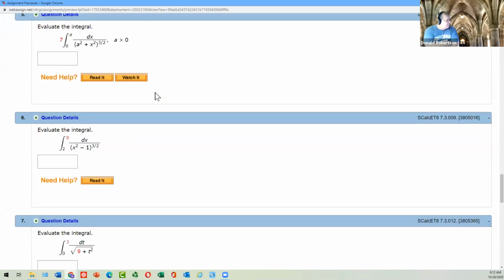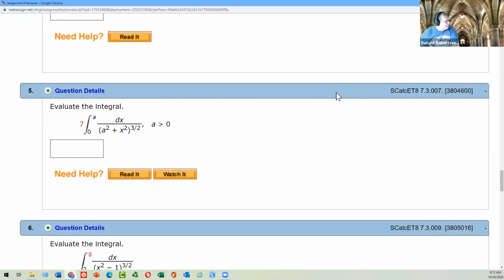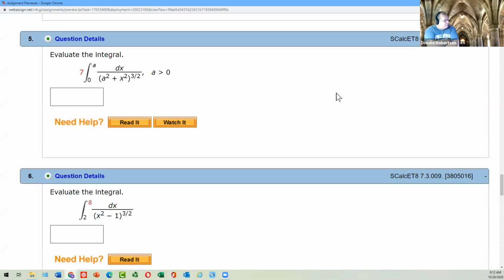Who's the x sub going to be in question 5? Probably should make that a bit bigger. X sub in question 5. It's going to be x equals a something, right? That's kind of obvious.